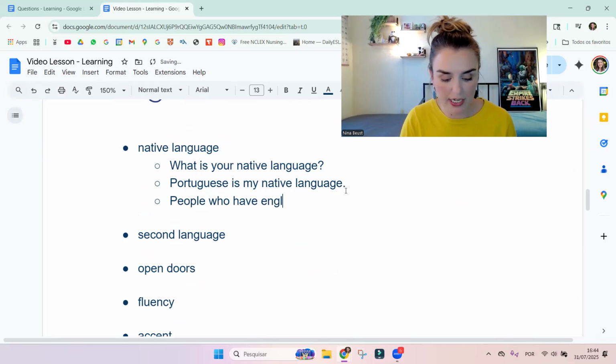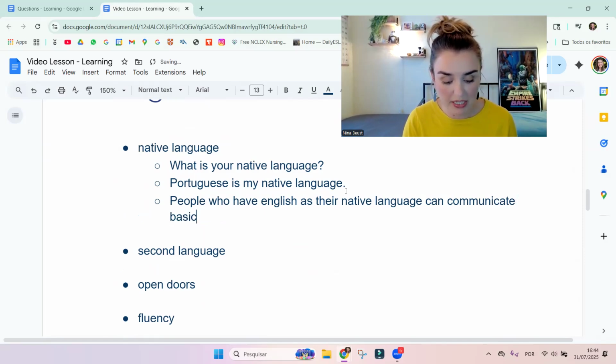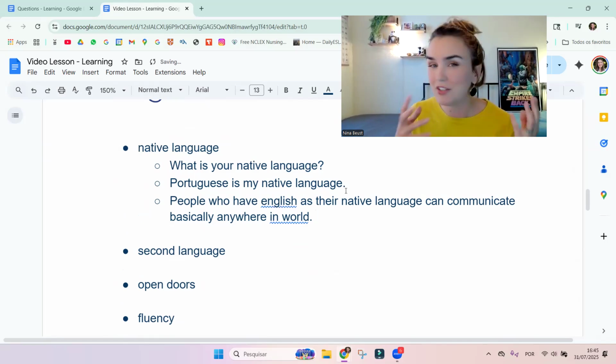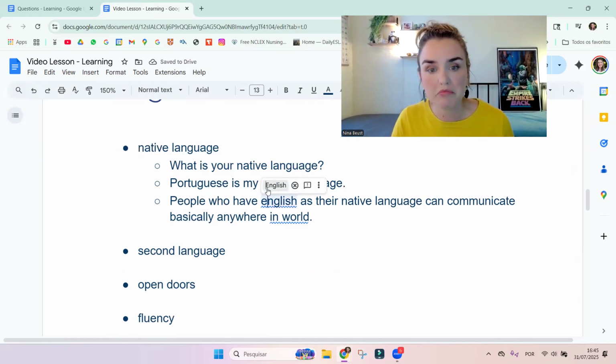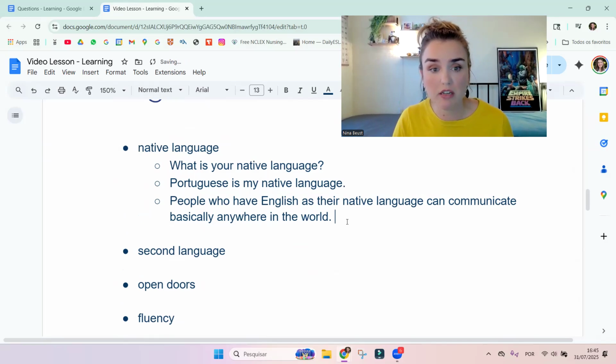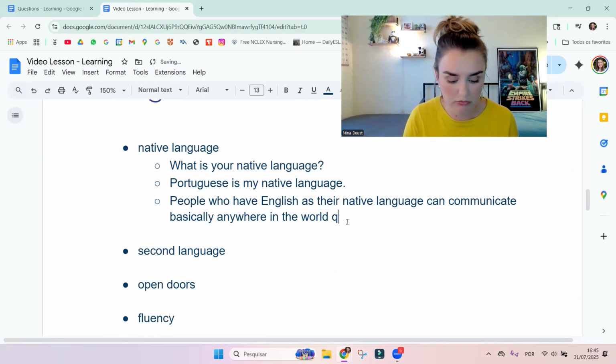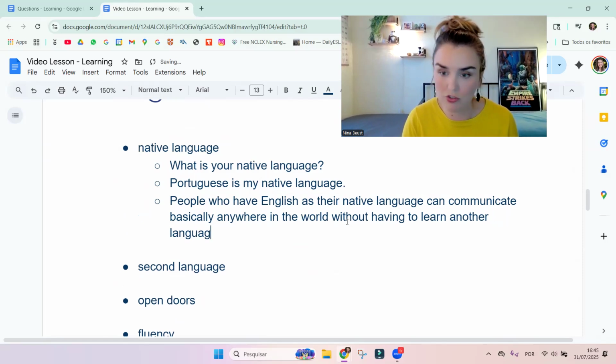People who have English as their native language can communicate basically anywhere in the world, which is also a lie. We know it's just an example, but major capitals mostly, right? So people who have English as their native language can communicate basically anywhere in the world without having to learn another language, right?